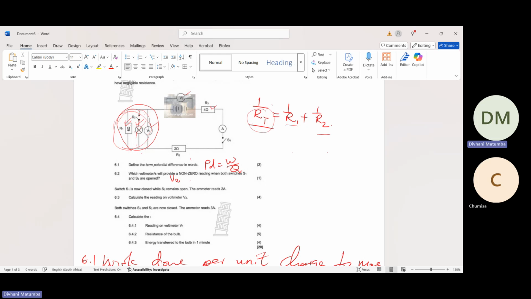The reason why it won't be 3 is that when the 3 ohm resistance reaches this point, the current will be divided. Do you remember that the parallel connection divides the current? Do you agree? Yes, sir. So if it divides the current, what will be the current going through the bulb?